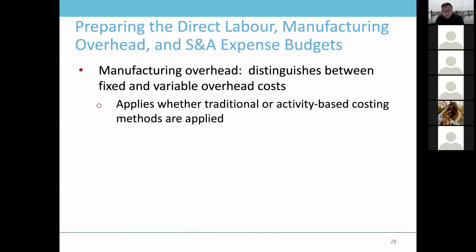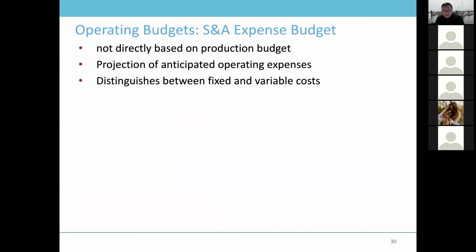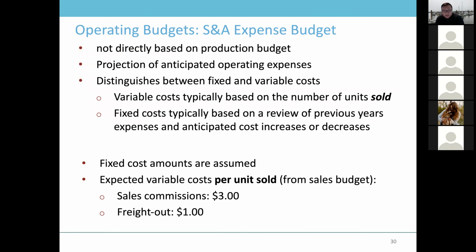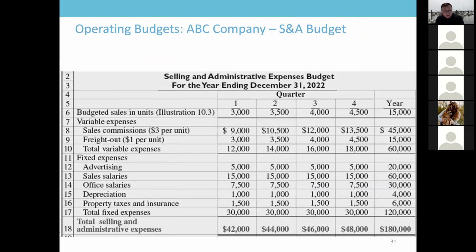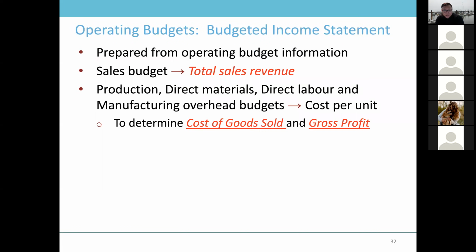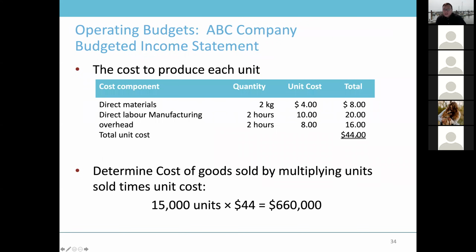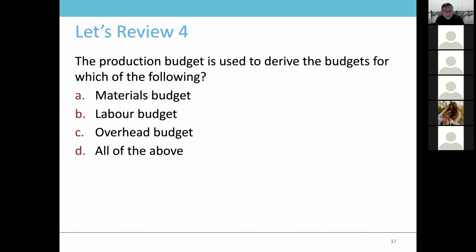Here, almost there. Cost of goods sold, okay, here. Did you see? We figured out each unit cost is $44. The target ending balance is 1,000 units, so 44 times 1,000 is 44,000. That's how we get this number.